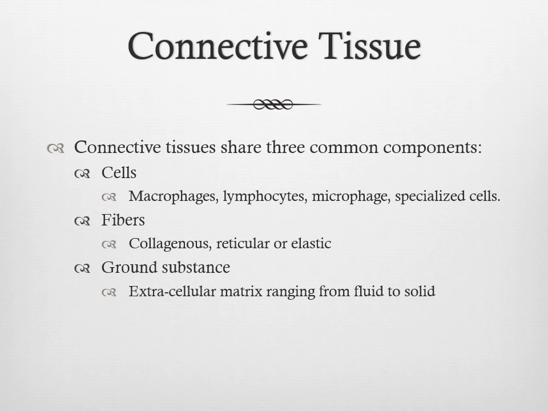And in between everything, we have what we call ground substance. This is essentially extracellular fluid that is in and around the cells. It ranges from being literally liquid and very fluid in places like the blood to being very solid in places like the bone.